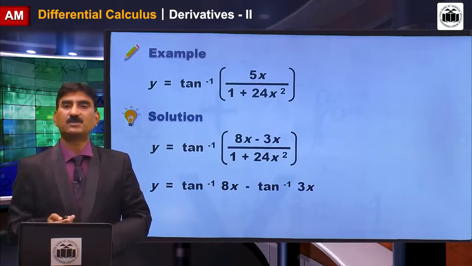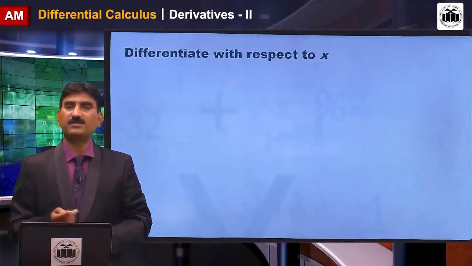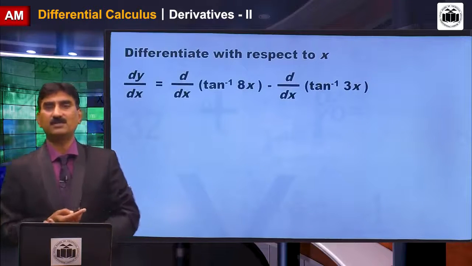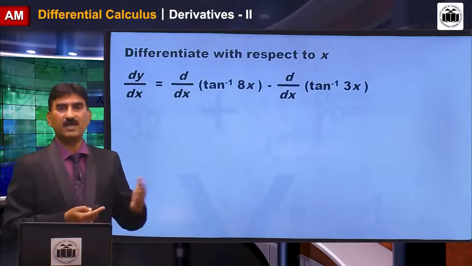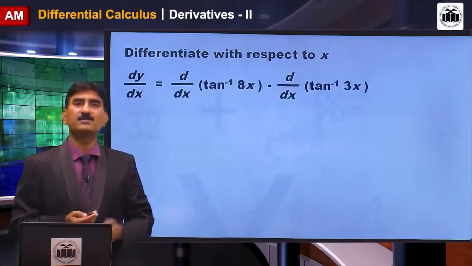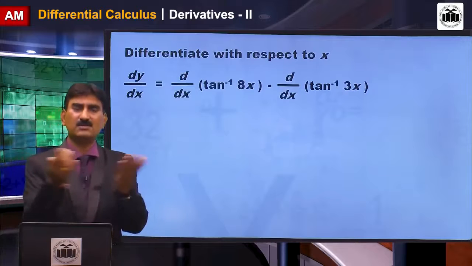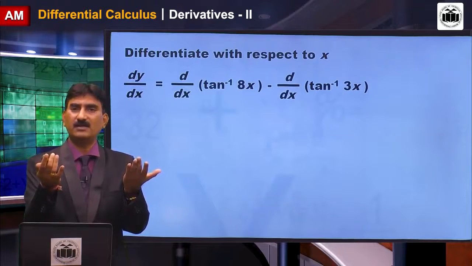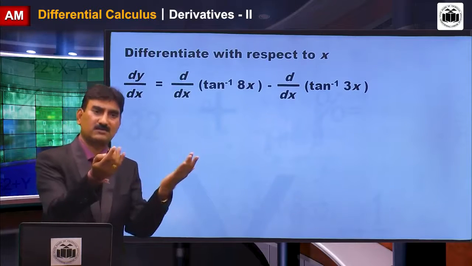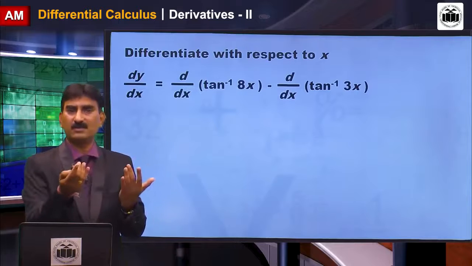Now we take differentiation, dy by dx equal to d by dx of tan inverse of 8x minus d by dx of tan inverse of 3x. So this is just like the derivative of tan inverse x, which is 1 upon 1 plus x square.